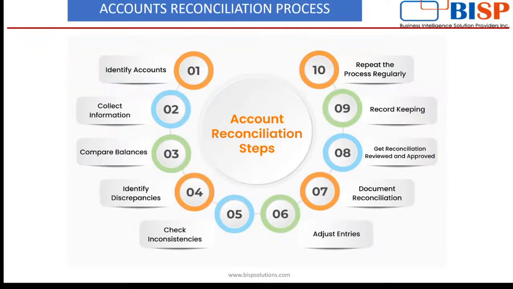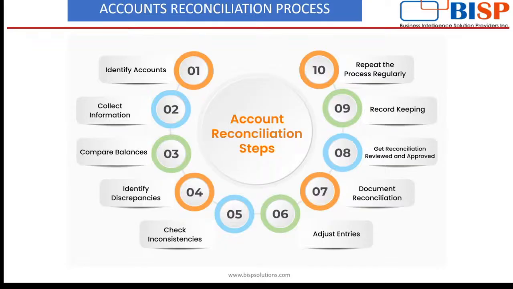Next we have the account reconciliation process, which we previously did in the ERP. First is to identify the account. Here you determine the account which needs to be reconciled. It might be a cash account, a bank statement, or anything else. Then we collect the information.